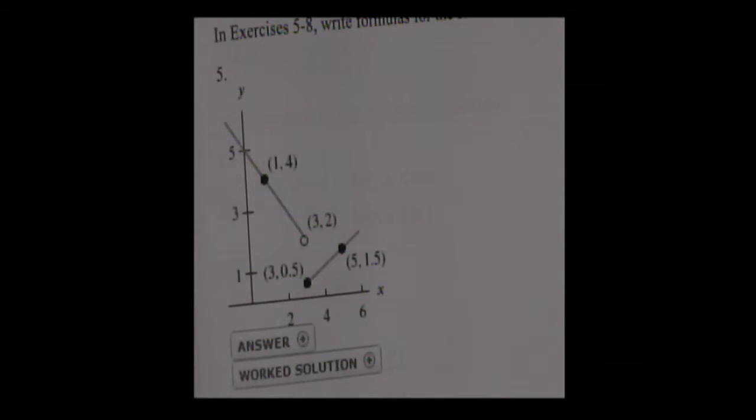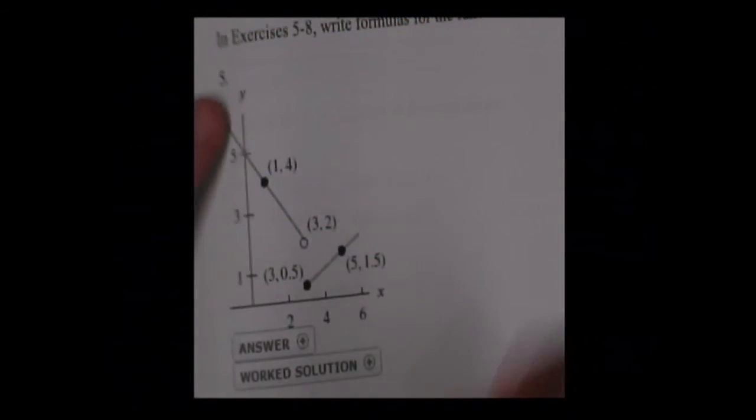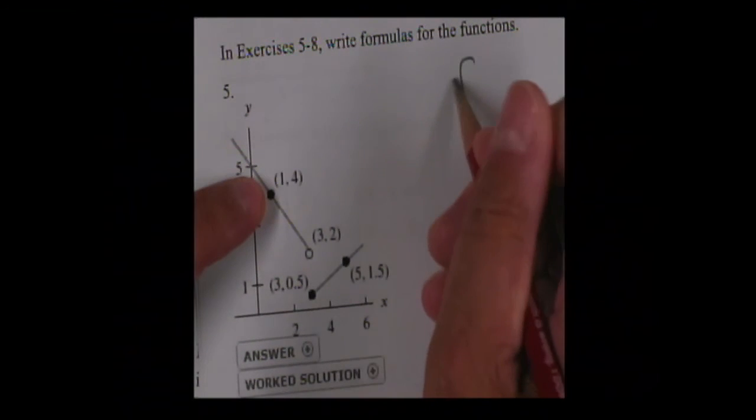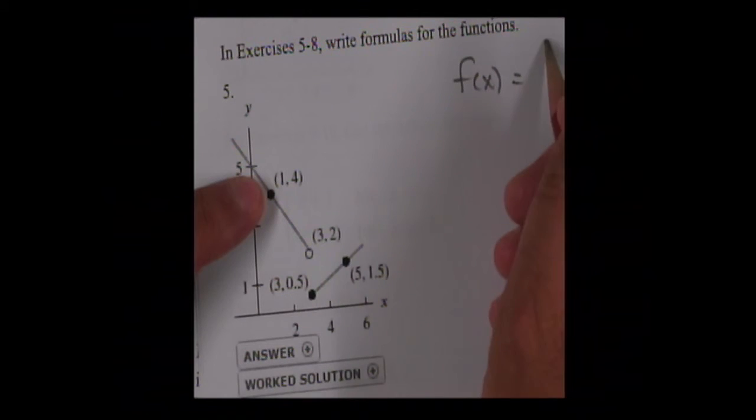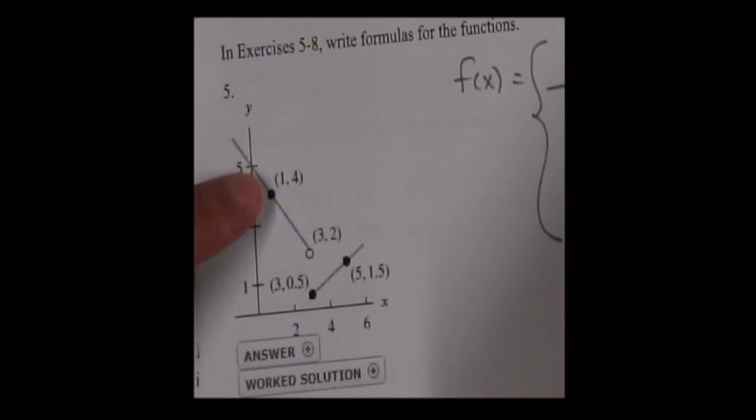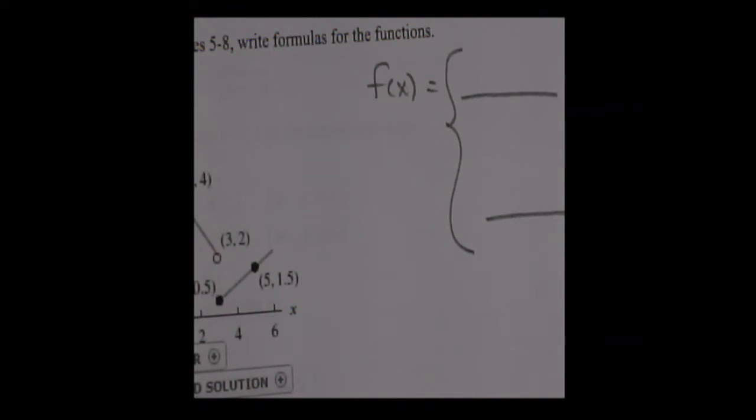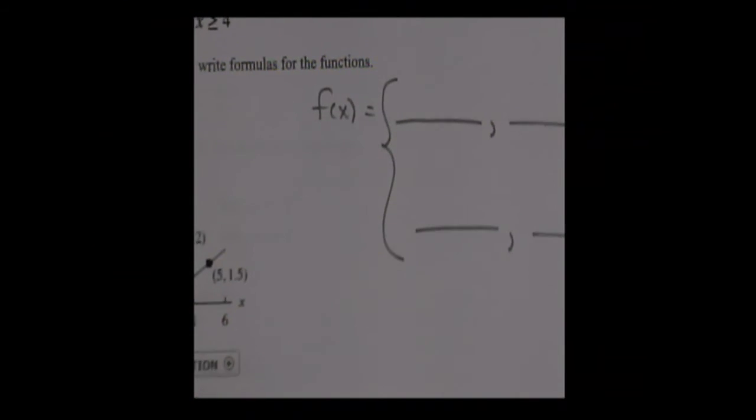How many pieces are there, Sackets? 2. There's 2 pieces. So yeah, there are 2 pieces. So when I go to write this, it's going to be similar to what I just had. Right? There's my 2 pieces.